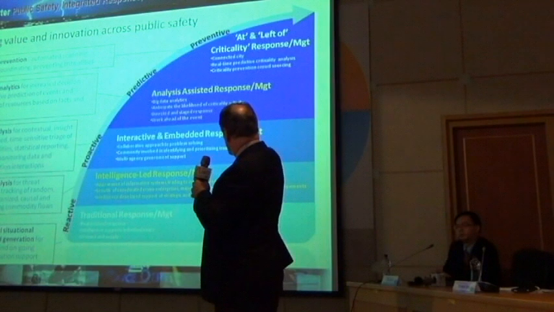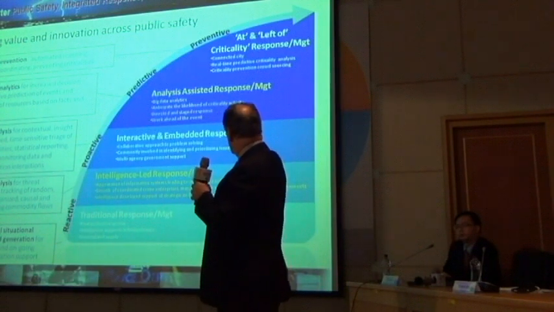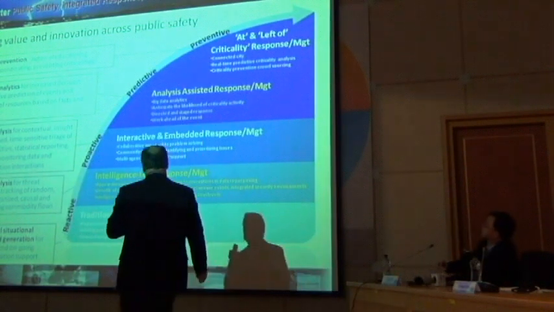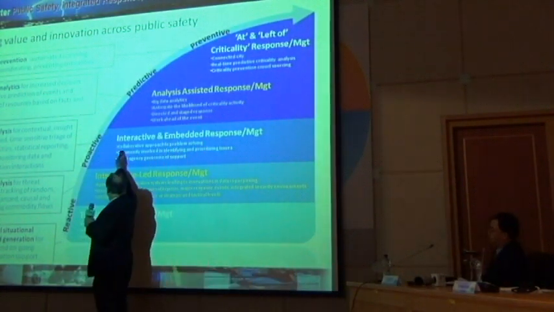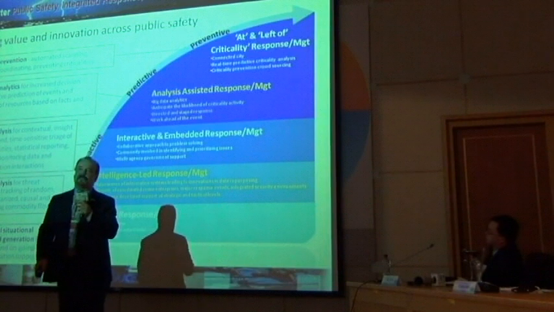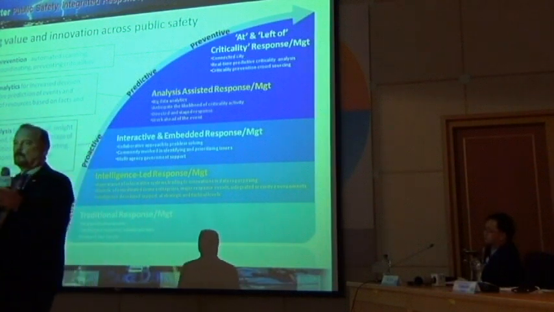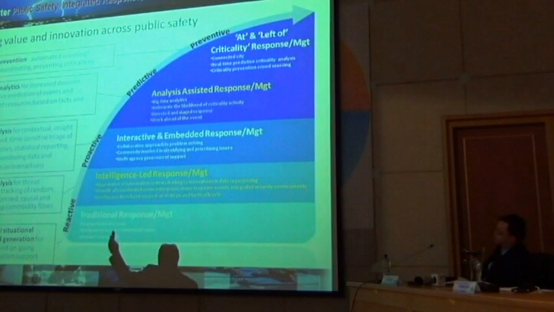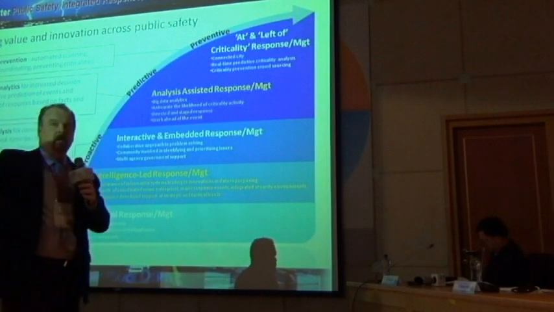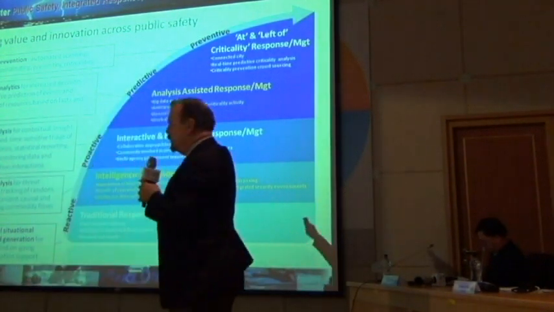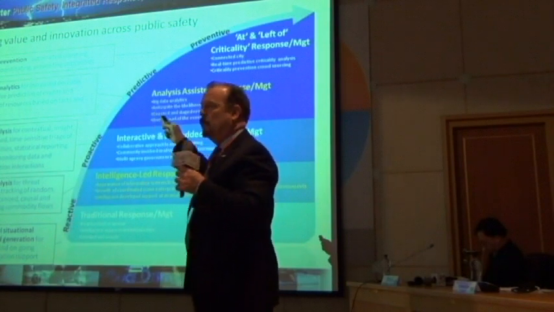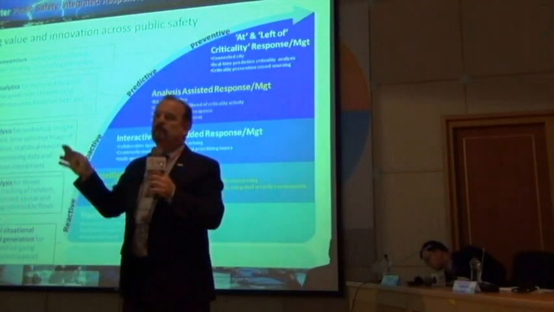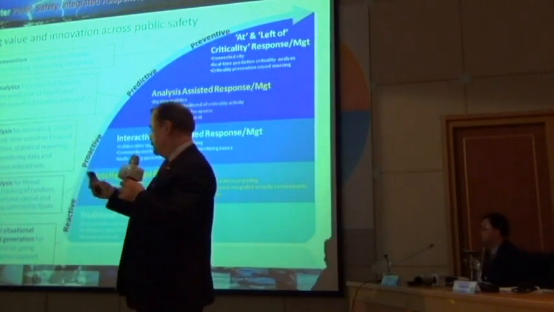And we get to the top of the chart, predictive and preventive, which is at or left of criticality. Up to 80% of savings will occur at the top of this chart. If the city applies the kind of technology we're talking about, you will save 80%. It is far cheaper to prevent a crime than react to a crime.